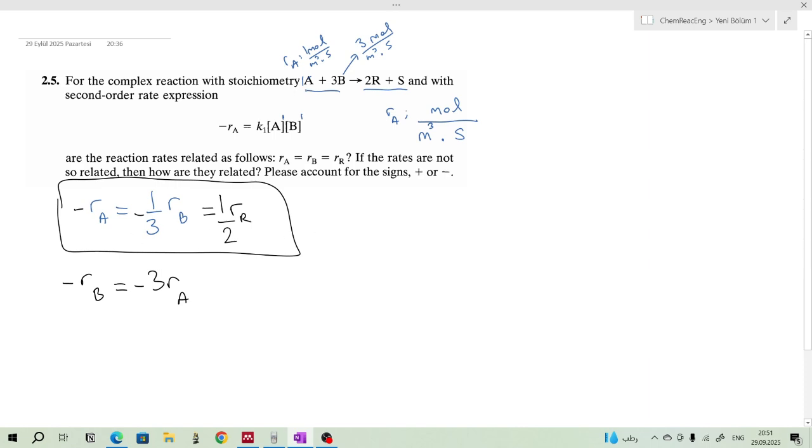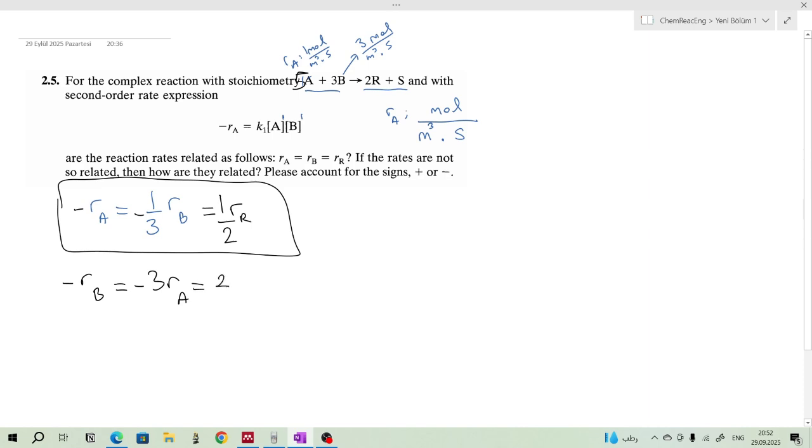Or always fix the first species, and the others will be just the ratio of coefficients. This is the coefficient of A, the first species. For example, if I have 5 for A, you will put just 5 here, and here the coefficient of B, times the reaction rate. So this is the relation between them.